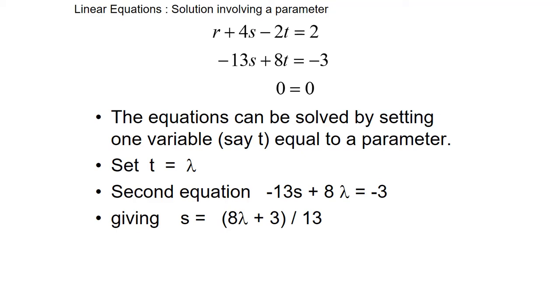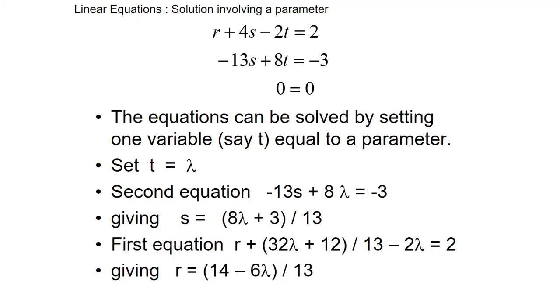And what we can actually do is set one of our variables, say t in this case, equal to a parameter. Let's say t is equal to lambda. The third equation is satisfied. Second equation, minus 13s plus 8 lambda is minus 3. So we end up here, s is 8 lambda plus 3 all over 13.